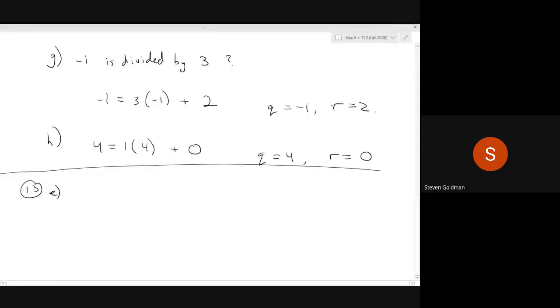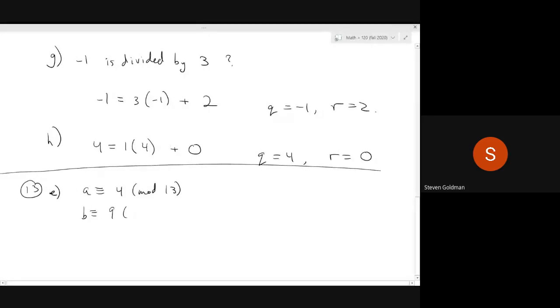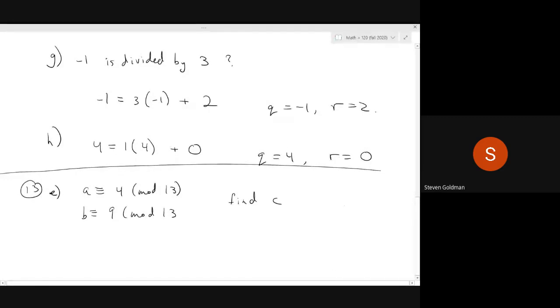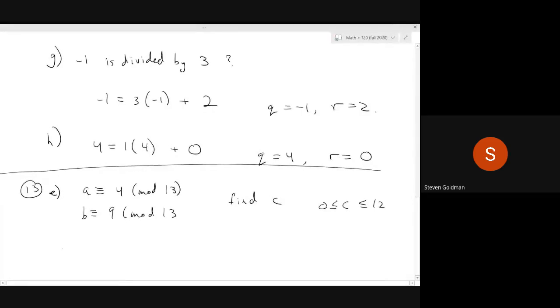So A is congruent to 4 mod 13, B is congruent to 9 mod 13. Find some integer C, with C between 0 and 12, such that C is congruent to A squared plus B squared mod 13.